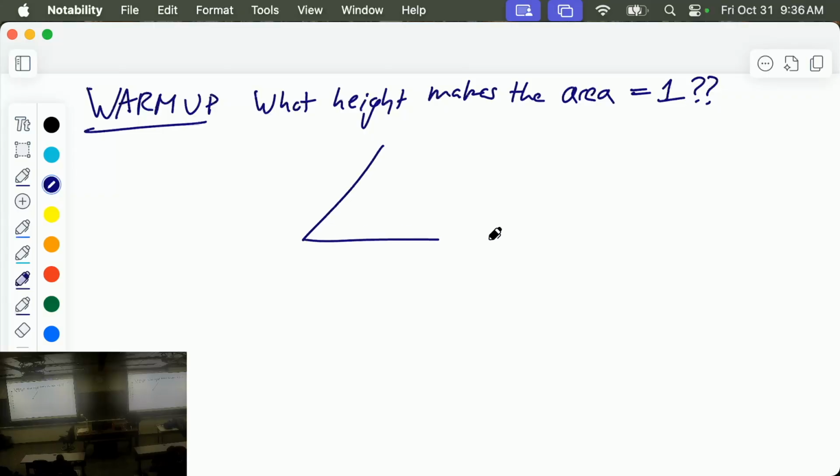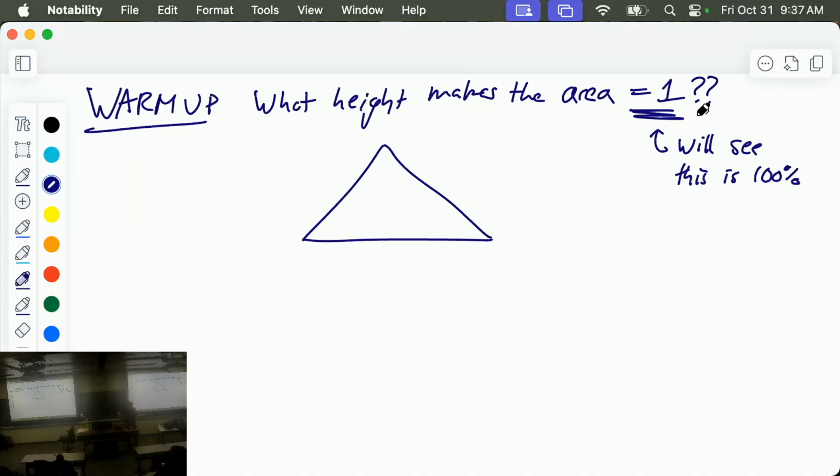And once again, the reason we want the area to equal 1, we'll see that this 1 is the 100% from before. So just like we always want our probabilities, our random variables, to have a 100% chance of being somewhere, our areas always have to be equal to 1 for the total area.